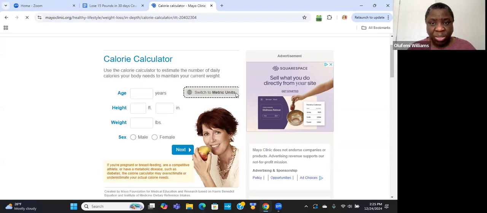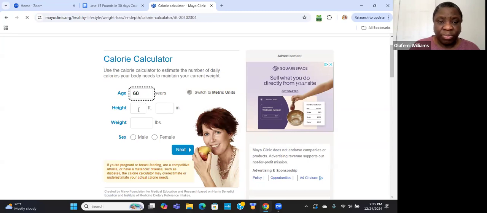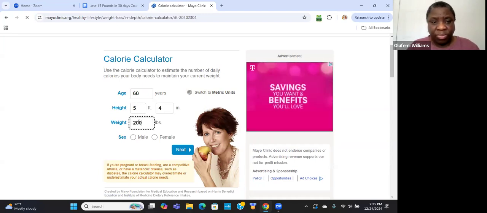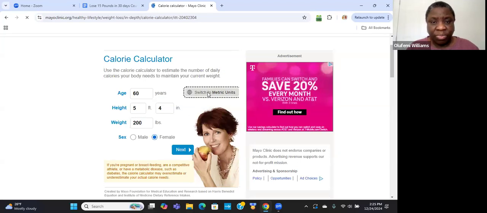I think it's waiting for me to put in numbers. So let's say you put in my computer is slow, but you can change it to metric units if you want, so that if you don't know your pounds.